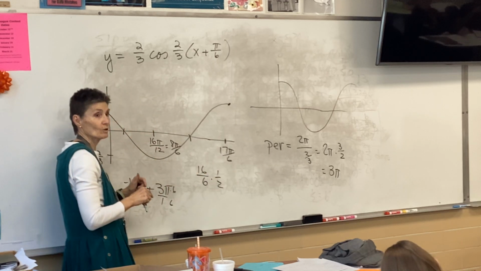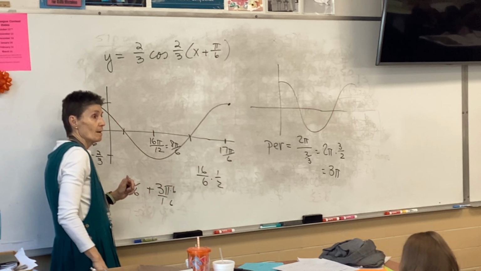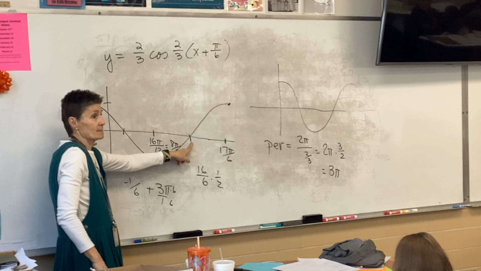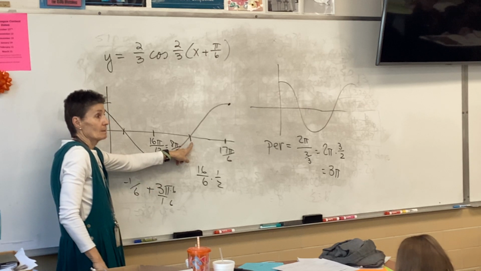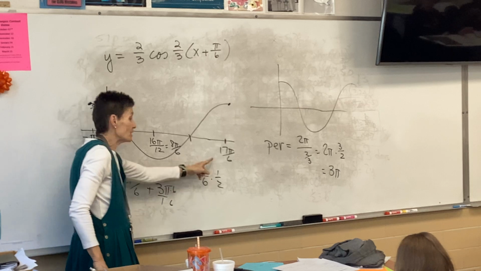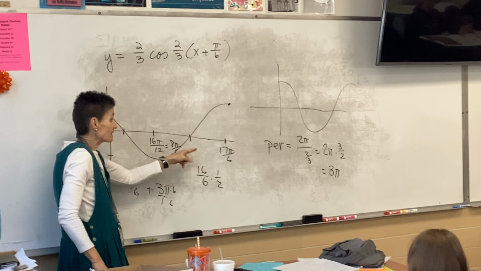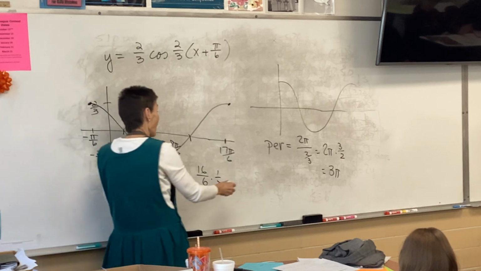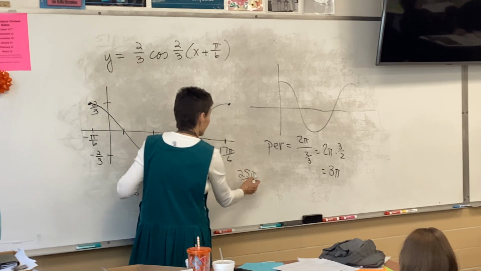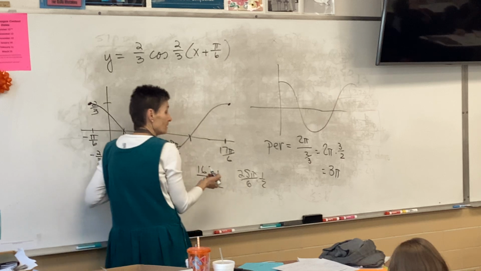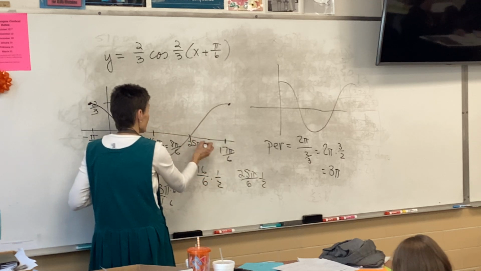It's also 4/3. But remember, how are you going to find this? You're going to average these two. So 8 and 17 is 25, and you're taking half of it, so 25 twelfths.